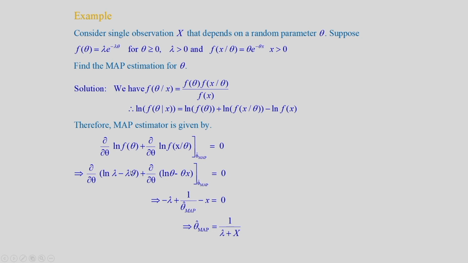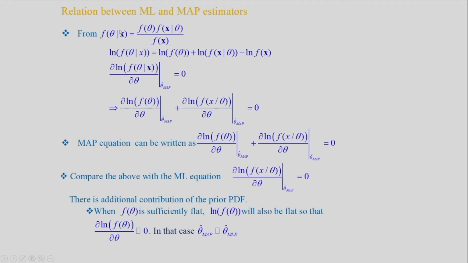So, we will take the partial derivative and then put theta equal to theta hat MAP. We will get minus lambda plus 1 by theta hat MAP minus x is equal to 0. So, from this we can find theta hat MAP, and the estimator is given by 1 by lambda plus x. So, this is the maximum a posteriori probability estimator.